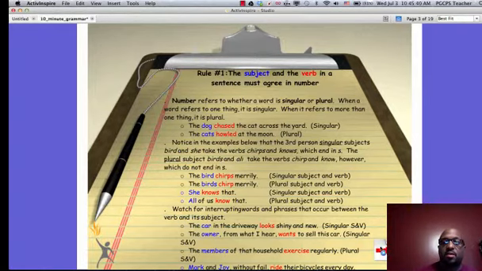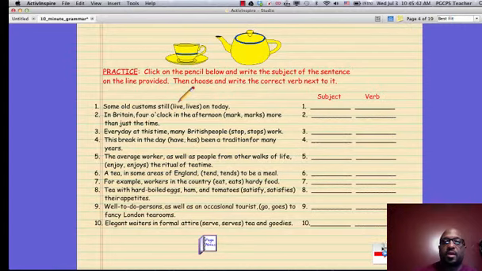All right, so now what you're going to do is a few examples on your own. What it's asking you to do is to read these sentences, write down the subject, and then choose the verb that fits the blank. So in your video notes section, you're going to pause the video here. When you pause the video, you're only going to choose 5.